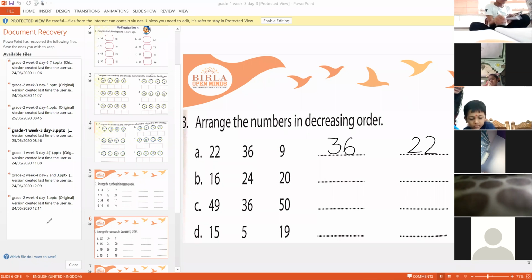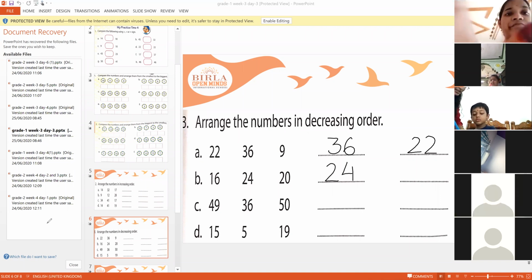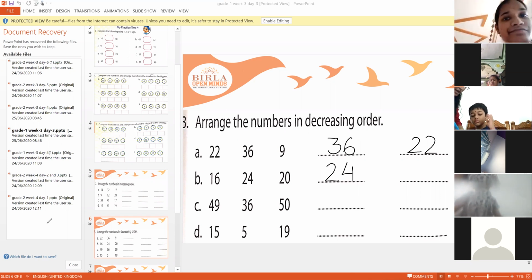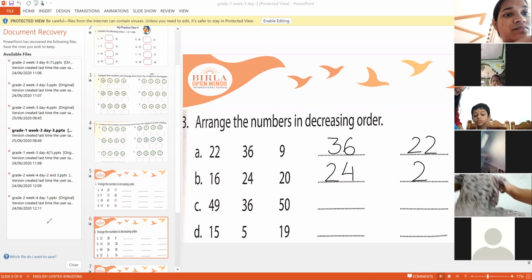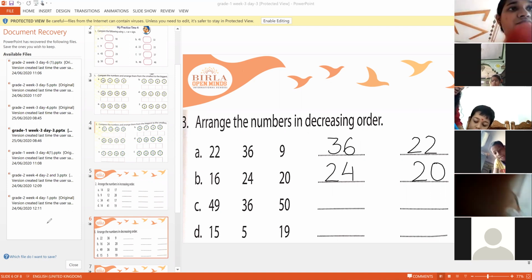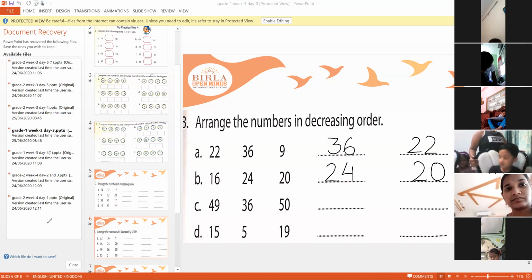See, Ashrita. 24. And then after 24, which is the biggest number here? 20. Very good. And then last one? 16. Very good, Ashrita.